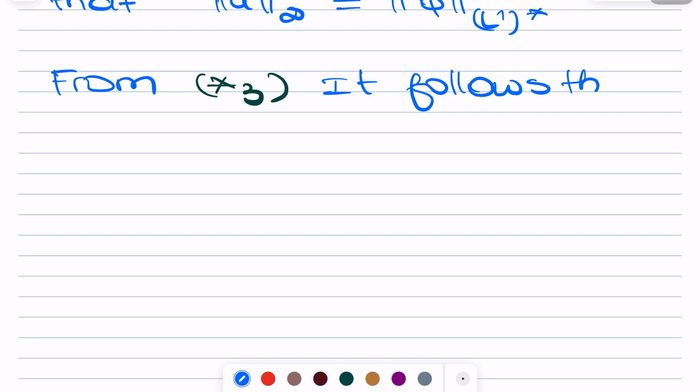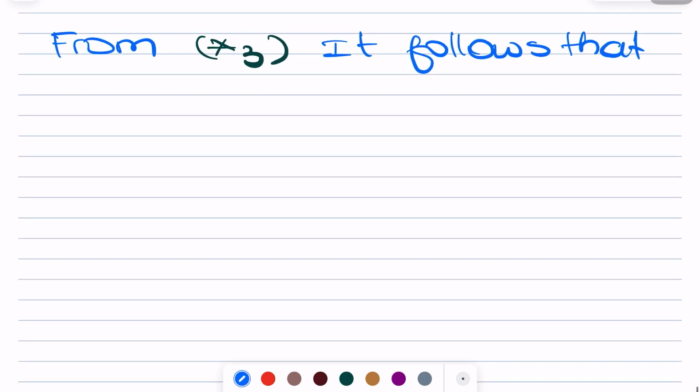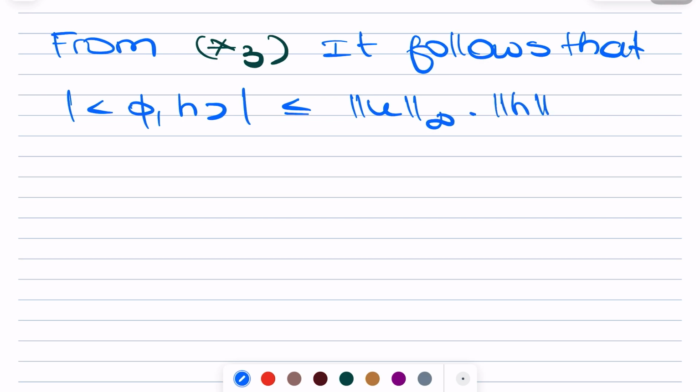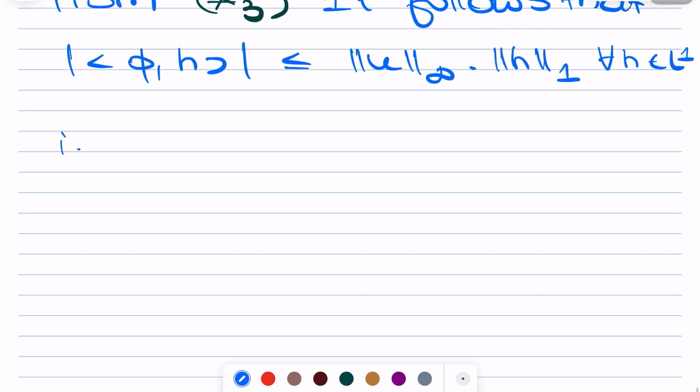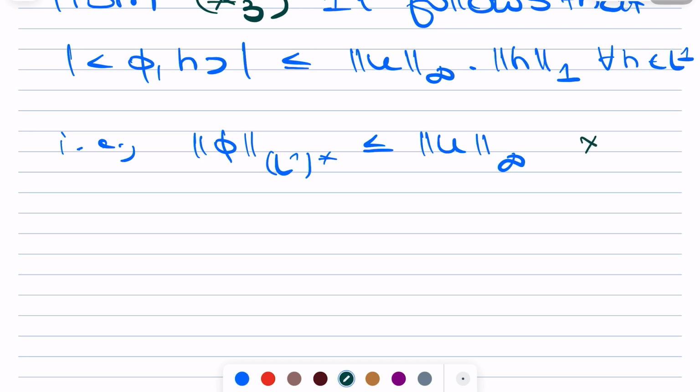So from star 3 it follows that the absolute value of phi h is equal to the norm of u infinity times the norm of h, for every h in L1, and this of course implies that the operator norm is less or equal than the norm of u infinity. So we call this star 4.